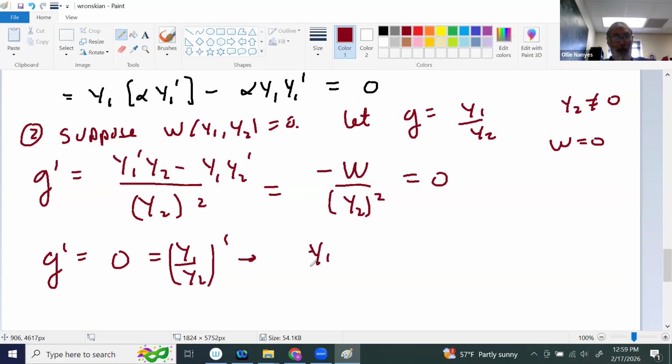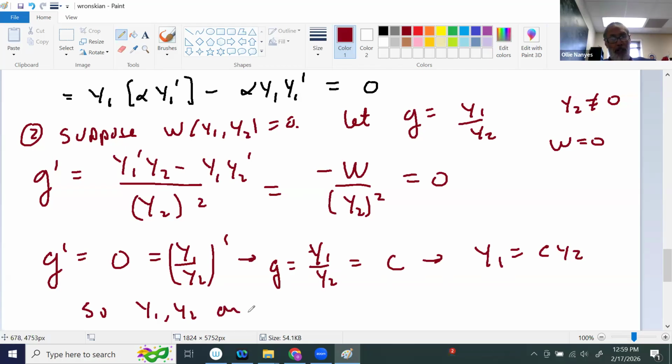So this means that g equals y1 over y2 is a constant c, which means that y1 is c y2. So y1 and y2 are linearly dependent.